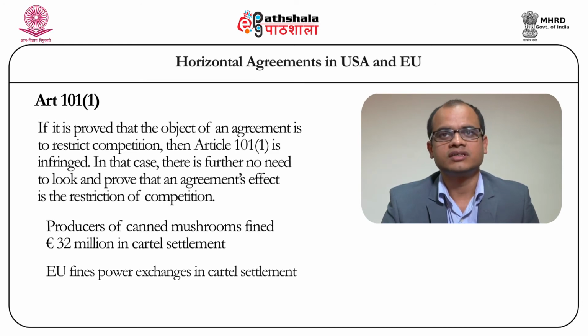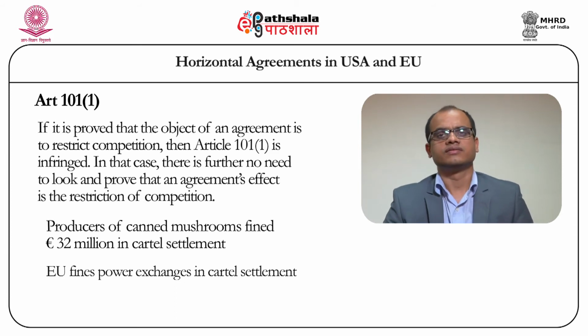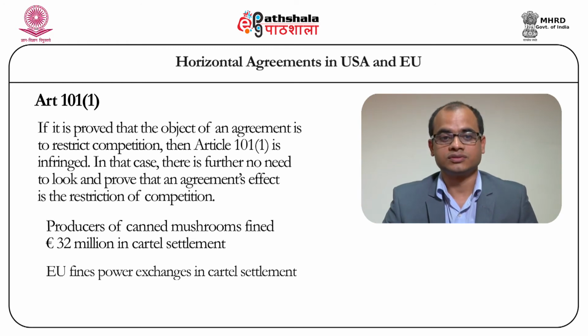One other important aspect is the appreciable effect on competition, and here we see the de minimis rule. This doctrine of de minimis stems from an earlier case, the Völk case decided by the European Court of Justice, and provides a safe harbor for minor agreements between companies which are below certain market share thresholds.